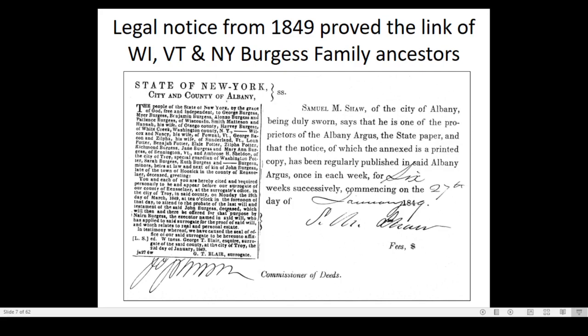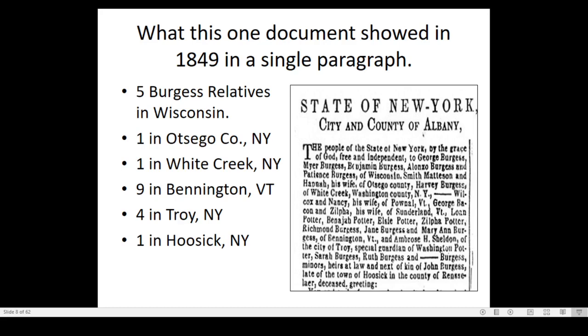Basically it found that there were 5 Burgess relatives in Wisconsin, one in Otsego County, New York, where I know the Burgesses lived at one time, one in White Creek, New York, which I knew they lived in, 9 in Bennington, Vermont, 4 in Troy, New York, and 1 in Hoosick, New York. All those places were familiar to me.